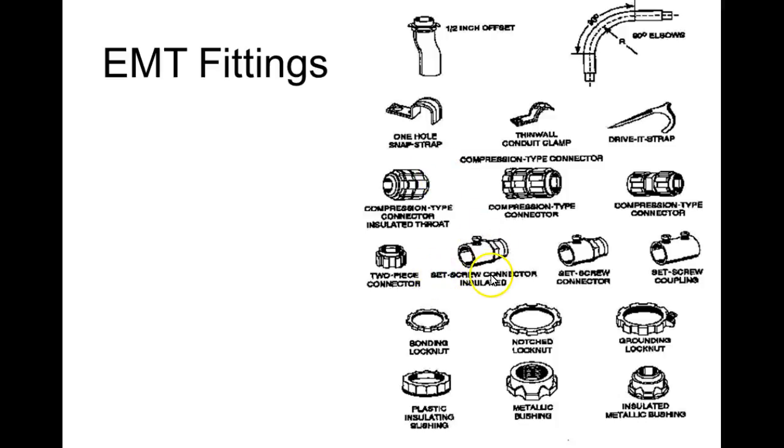We have set screw connectors, which basically you slide the conduit into it, and then you have a set screw that you do what? That you screw down in there. We have set screw couplers that would couple the conduit together. And then, of course, we've got the lock nuts that we use to actually lock the couplers together.